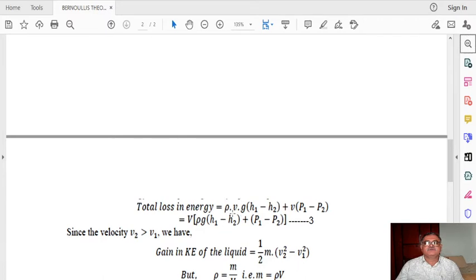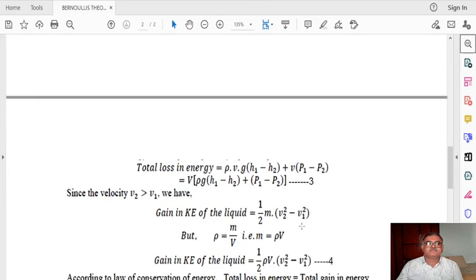Taking V common, we get V [rho g (H1 minus H2) plus (P1 minus P2)]. This is nothing but equation number 3.